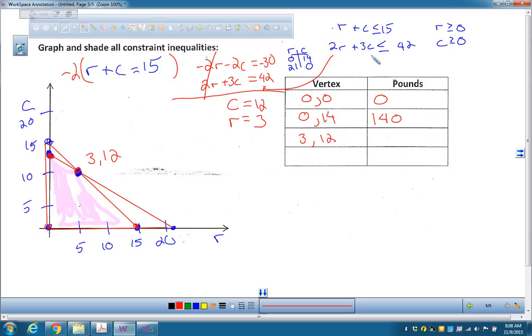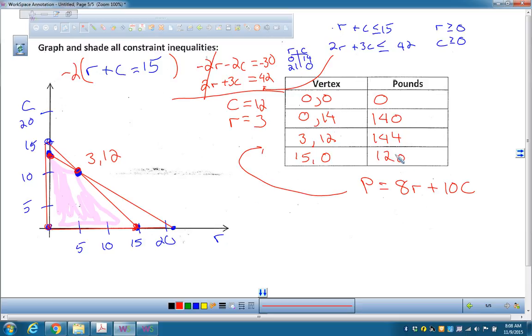I forgot to write my objective function, which is p equals 8r plus 10c. Okay? So I'm plugging into this equation when I do that. When I plug in 3, 12, I get out 144. And when I plug in 15, 0, which is this point over here, I get out 120.